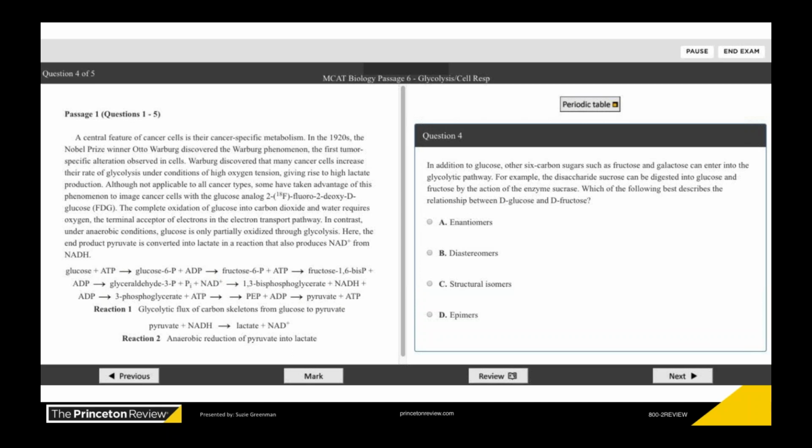And then if we go down to the reaction, we'll see this is a lot of glycolysis information, different carbon skeletons as we move from glucose to pyruvate. Yeah, this looks a lot like glycolysis. And then reaction 2, pyruvate to lactate.